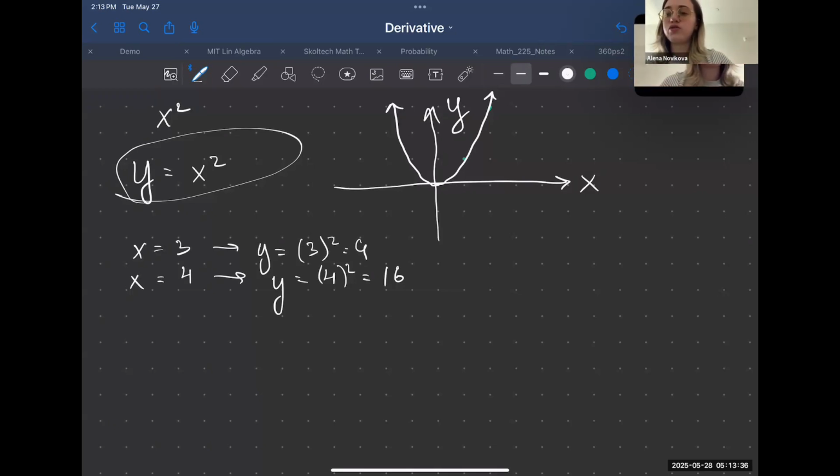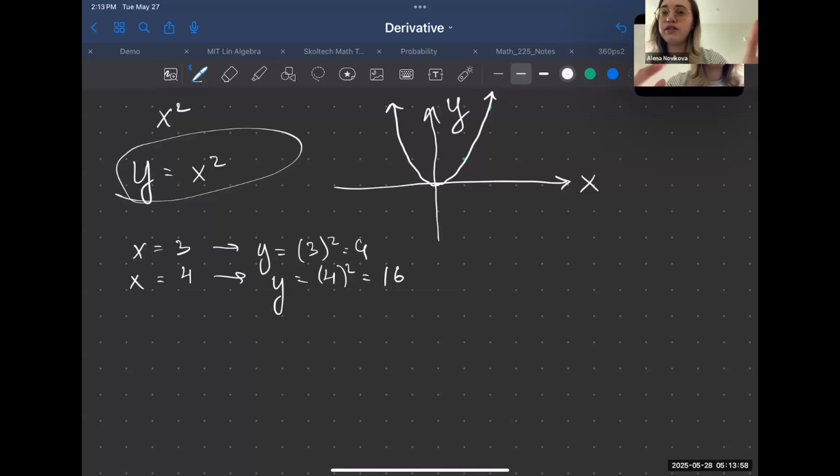Then the question you're interested in is, for some change in time, how is that going to affect my velocity or my acceleration? And that in turn can be useful for many other different applications. So that's the question that you're asking fundamentally.